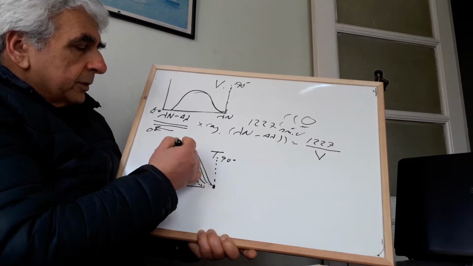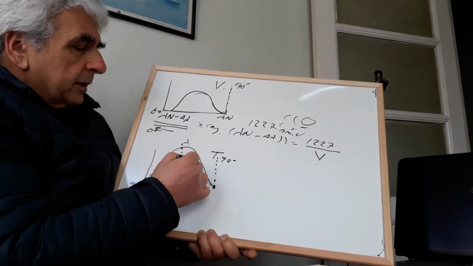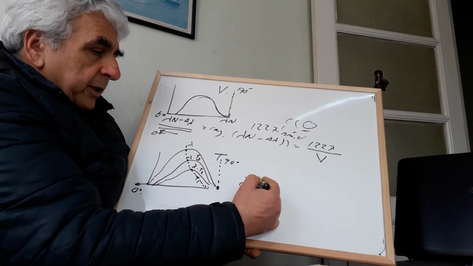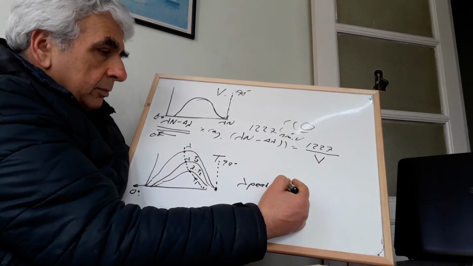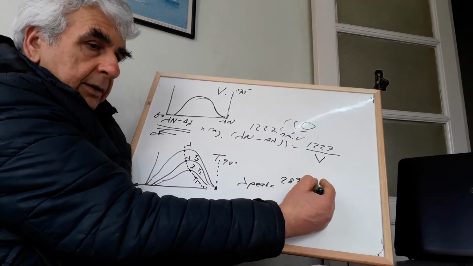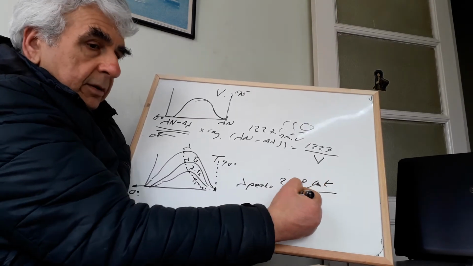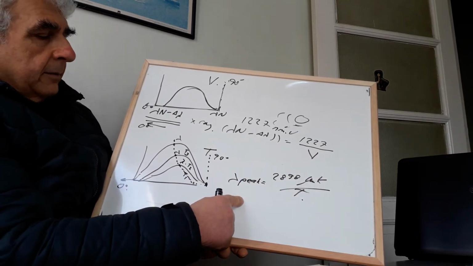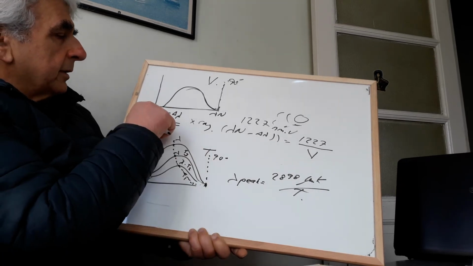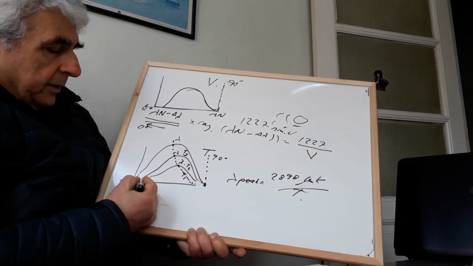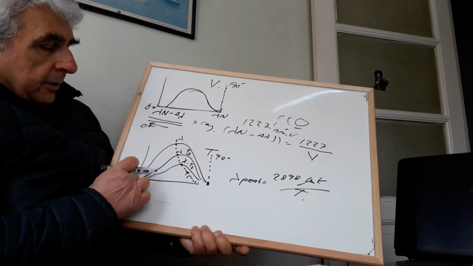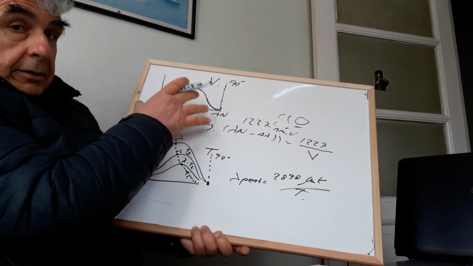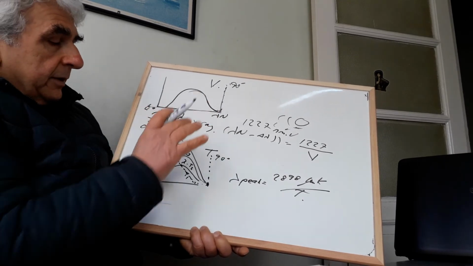This point, this point, this point, lambda, lambda, lambda. Lambda peak equals, like this, a micrometer kelvin divided by temperature. But not lambda_n minus delta lambda here. This point is not on that scale, the X-ray graph scale. It is a different scale.